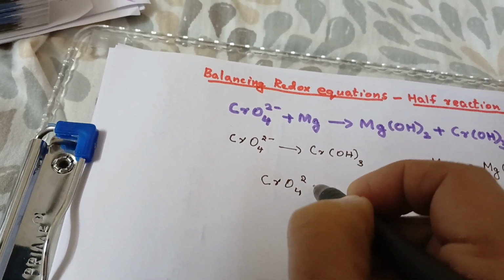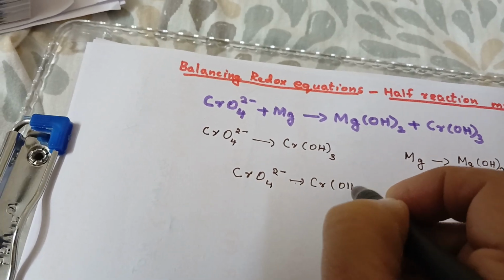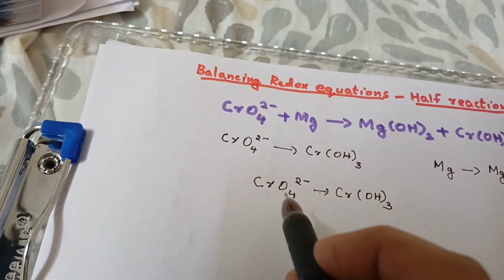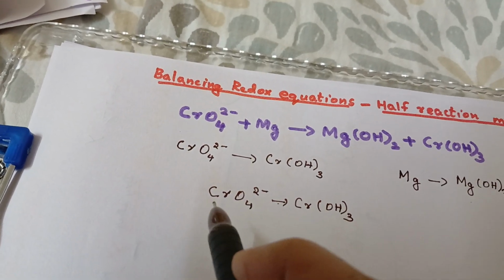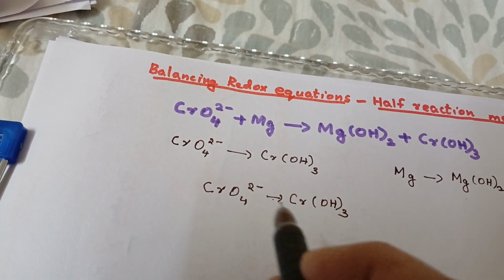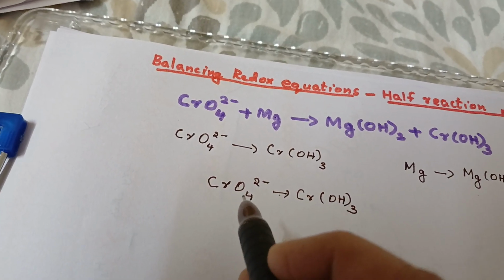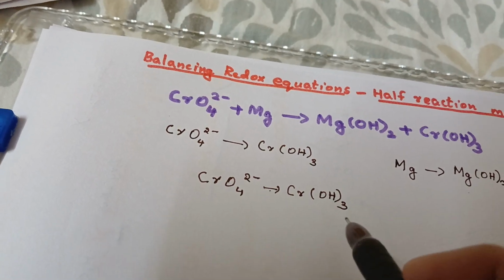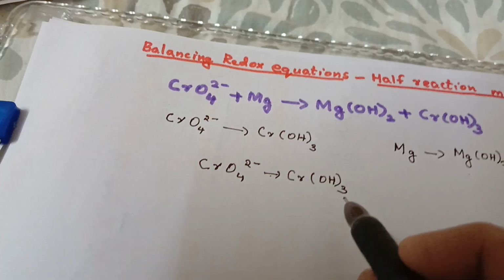CrO4 2 minus giving CrOH thrice. Let us first look at the atoms other than oxygen or hydrogen, that is chromium. Both sides have one atom of chromium each. On the left hand side we have 4 oxygen atoms, and on the right hand side we have only 3 oxygen atoms, OH thrice.